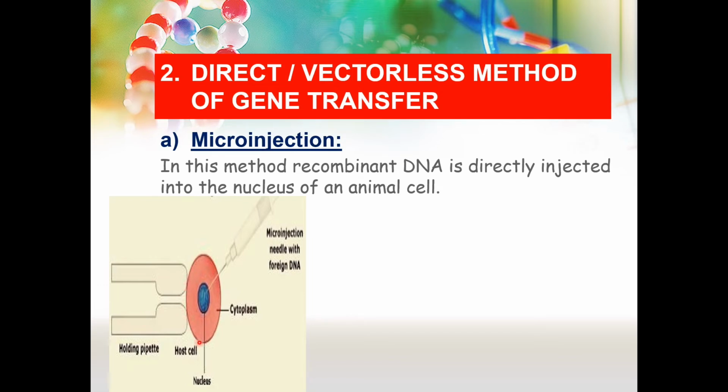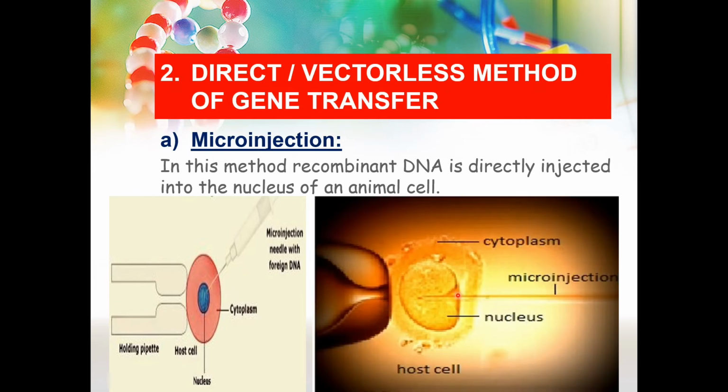We hold the animal cell with the help of micropipette and then from the other side, with the help of microinjection, we inject the recombinant DNA directly into the nucleus of the animal cell. So here you can see this is micropipette. So this will prevent the cell from moving away and from the other side we are injecting the foreign DNA.